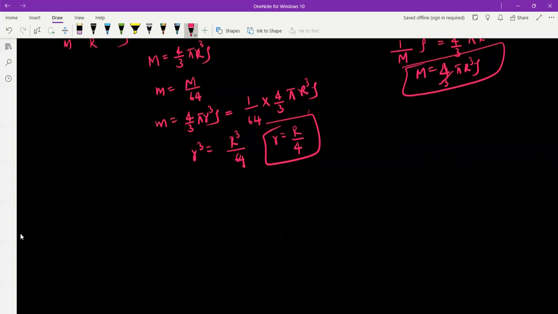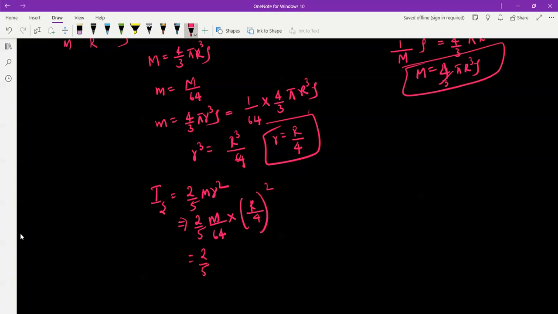That is, moment of inertia of a smaller sphere is equal to 2 by 5 m r square. So that is r is equal to R by 4. So just you write it that 2 by 5 m into M by 64 because smaller sphere, into R by 4 whole square.